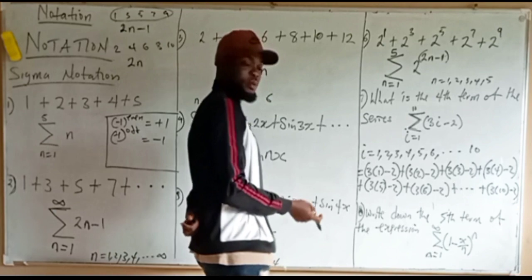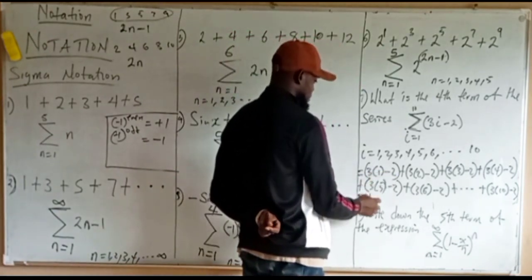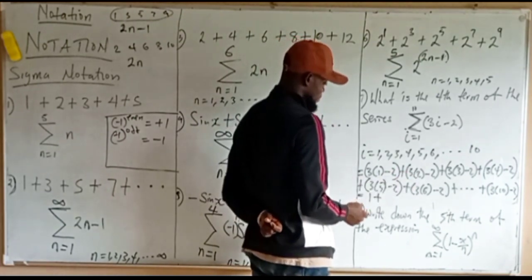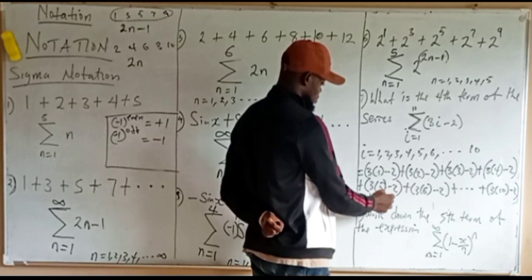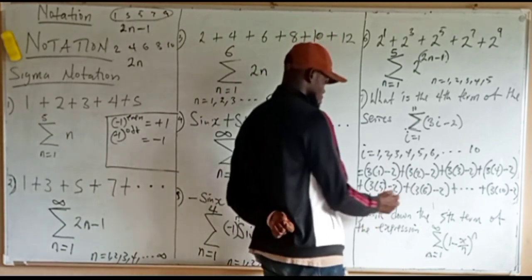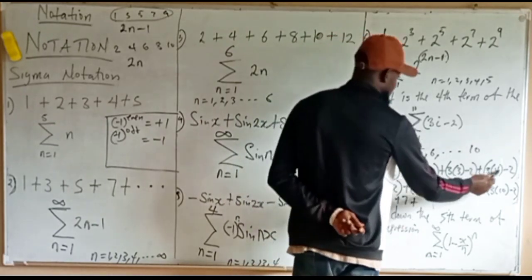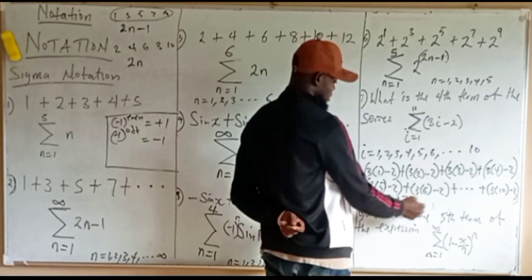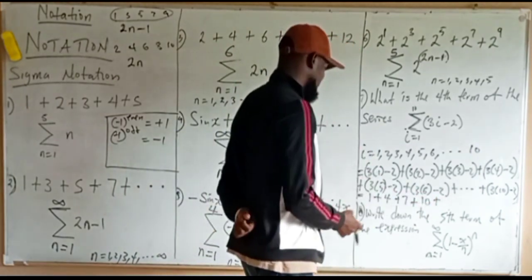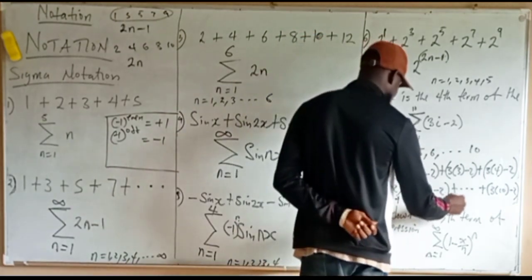If you want to write it like this, no problem. So you'll be having 3 times 1 minus 2, that's 1, plus 3 times 2, that is 6, minus 2, you're having 4. 3 times 3 is 9 minus 2, you're having 7. 3 times 4 is 12 minus 2, you're having 10. Then 3 times 5, 15 minus 2, you're having 13.